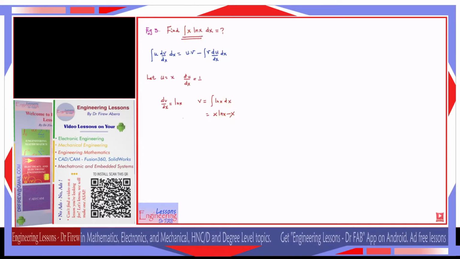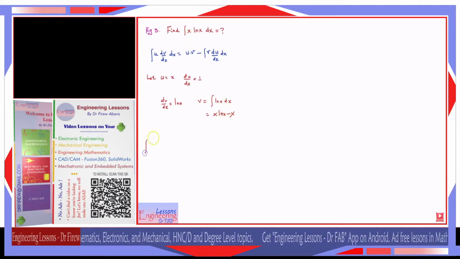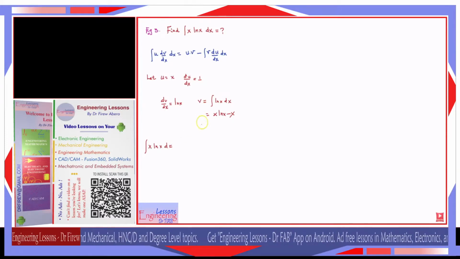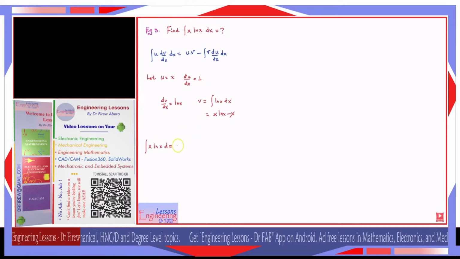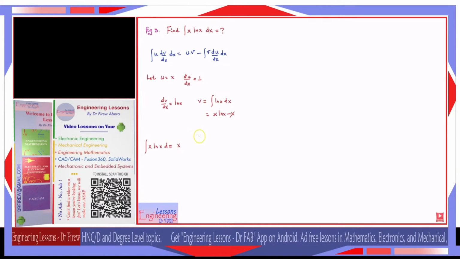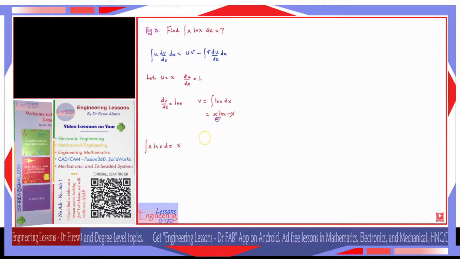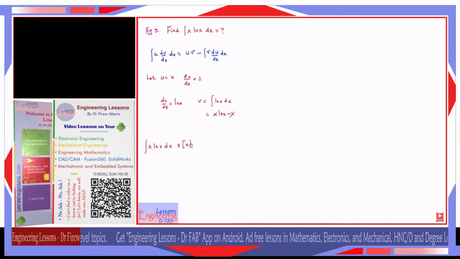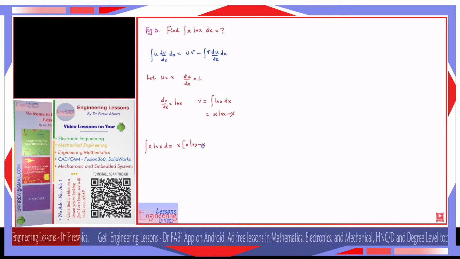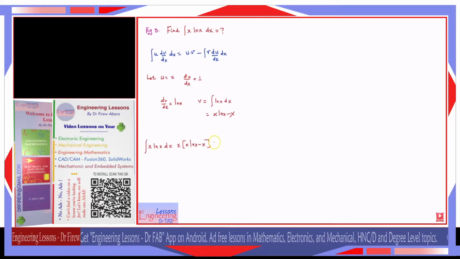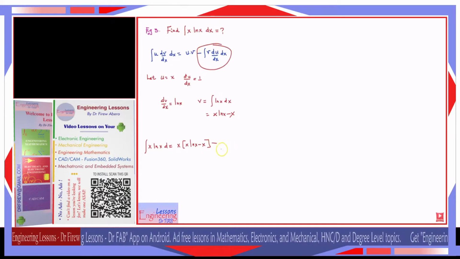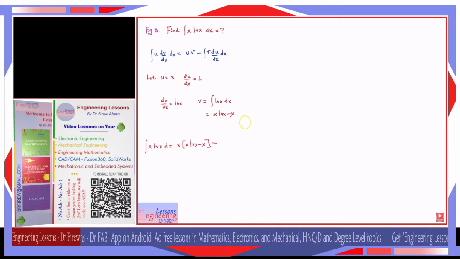Find its integral. This will be integral of x ln x dx equals u, which is x, times v. So our v is x ln x minus x, minus the integral of v times du by dx.